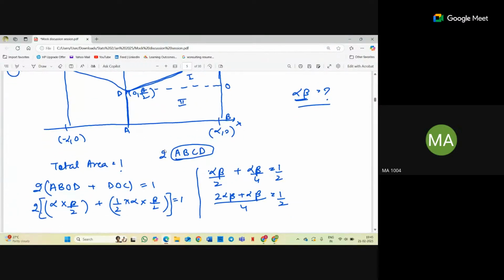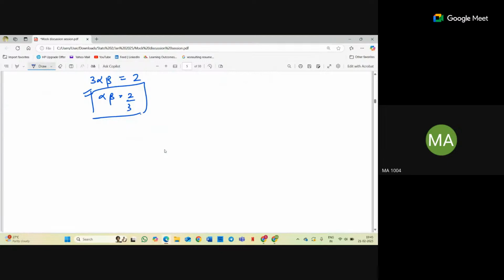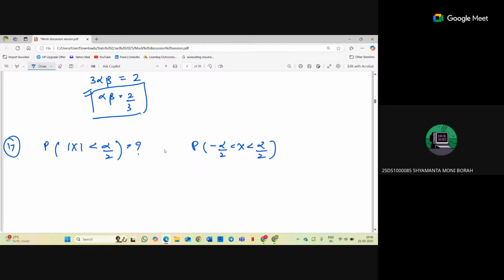Okay, so now you have to find out the probability of mod of X less than alpha by 2, correct? You have to find out this value. Now, I can write this as probability of minus alpha by 2 less than X less than alpha by 2. Can I write it like this? Yes.